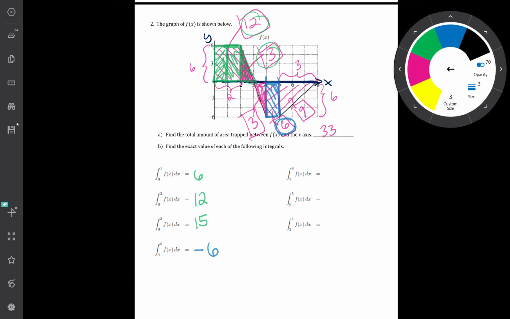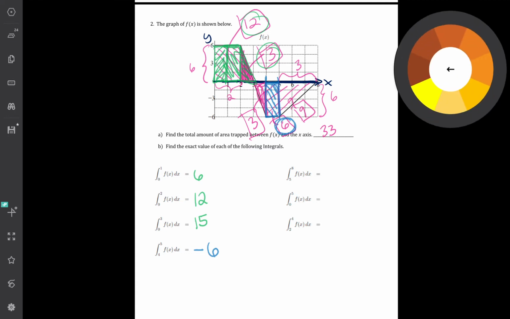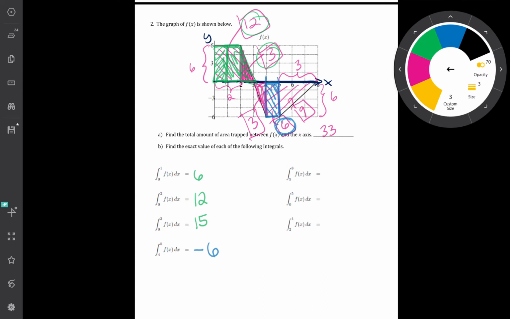Okay, so now we've looked at all above the axis, all below the axis. 5 to 8, I think that's actually another all below. Let's use another color. Okay, so if we're going from 5 to 8, that's this chunk right here. And we know that the area of the triangle was 9.